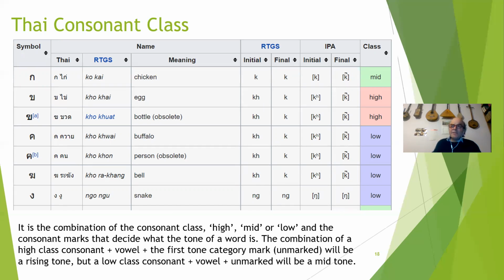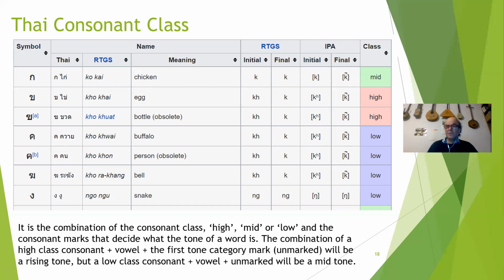So the Thais have a system of referring to their letters by names, because as you can see, if you look at the column that is headed RTGS, and I think this is the Royal Thai something, their system of writing these, there are 5 different ko. I already mentioned that.